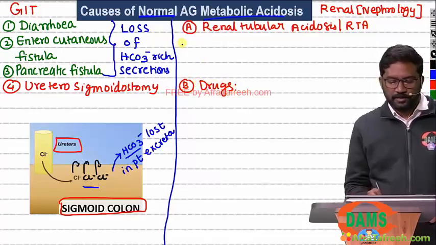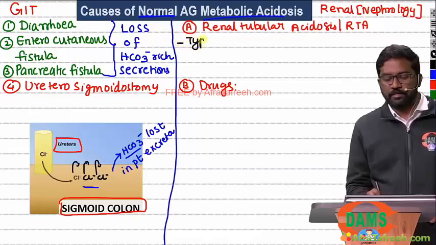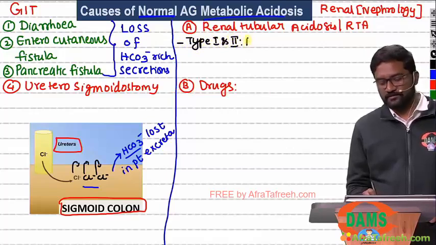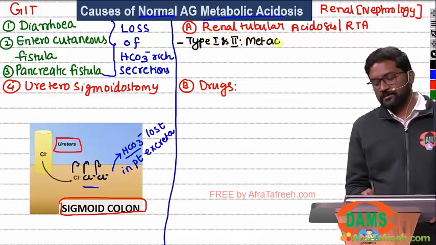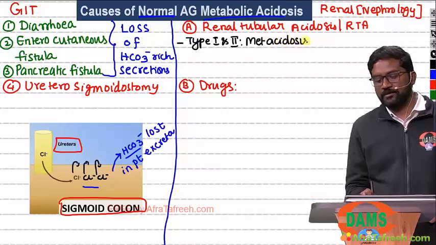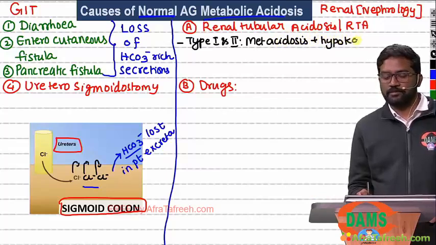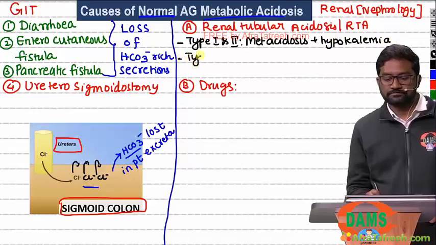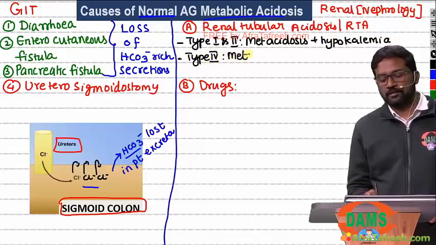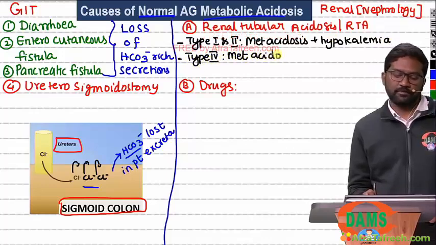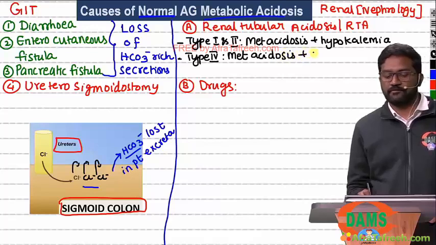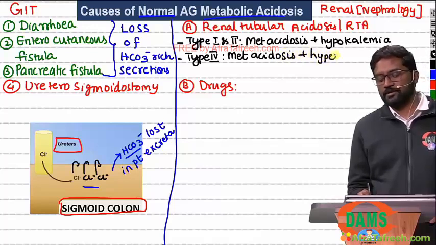So in RTA we have type 1 and type 2. Why am I writing these together? Because they have similar presentation of metabolic acidosis with hypokalemia, whereas type 4 RTA, most common, is associated with metabolic acidosis with hyperkalemia.